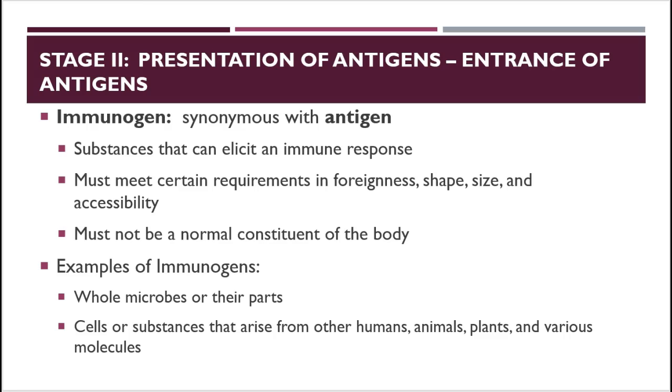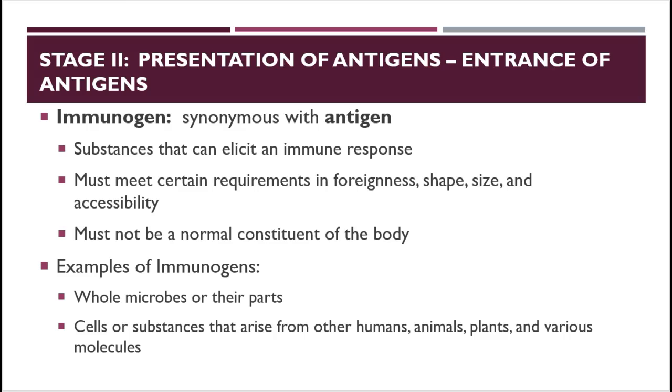All right, so once our B and T cells have differentiated, then we're going to present these cells with antigens. Remember, we've already discussed immunogen and antigen are synonyms. They mean the same thing.